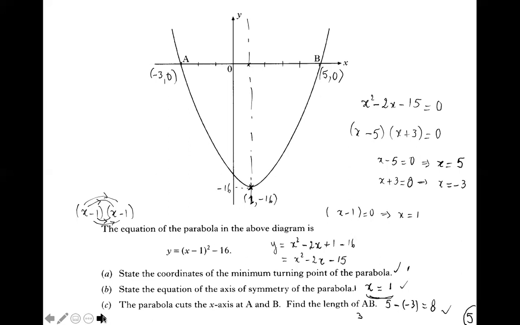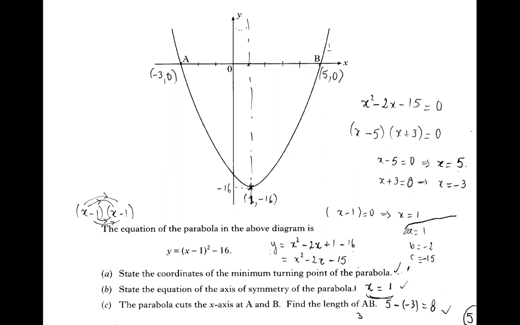Thanks. So we've used MAM because we noticed that straight away. But if you were stuck and you think, I can't use MAM, don't despair. Just open your formula sheet and you've got here A equals 1, B equals -2, C equals -15.